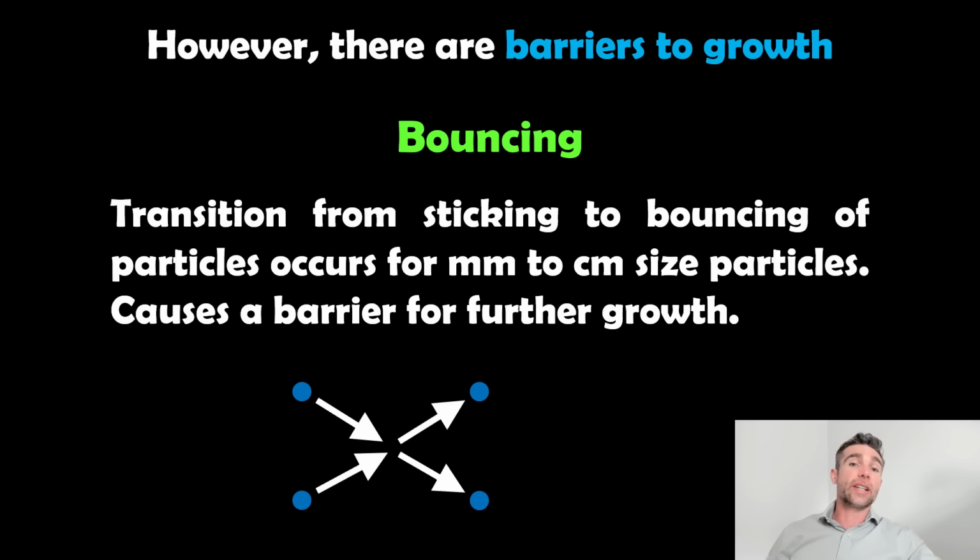They're not gravitationally attracting each other. They are randomly moving and encountering other particles of a similar size, and they stick and they grow. But once they get to millimetre or centimetre size, they start to bounce. They don't stick. They've got enough kinetic energy that they bounce off each other, and your growth really slows down at that point.